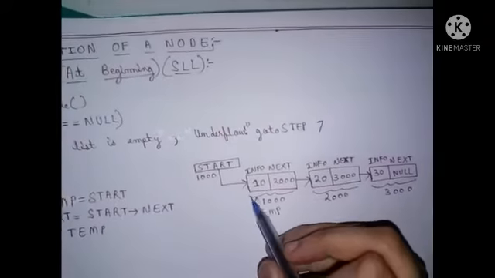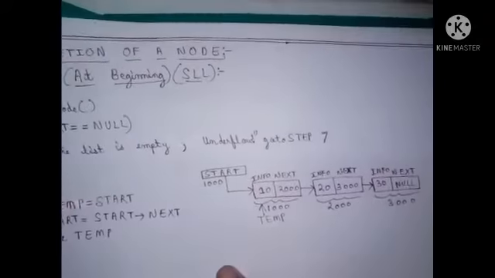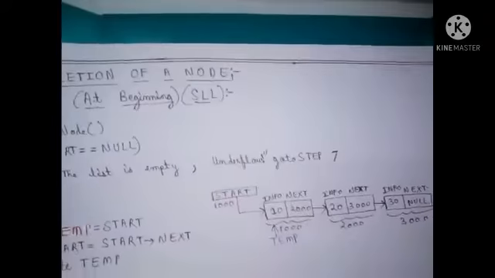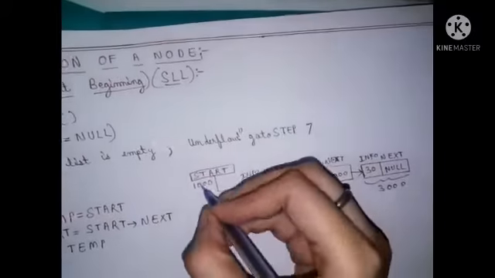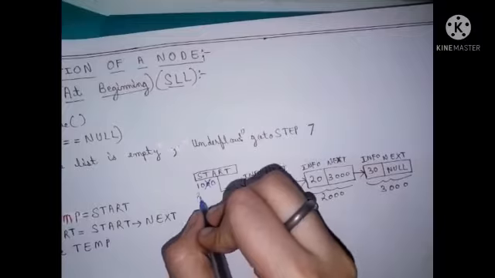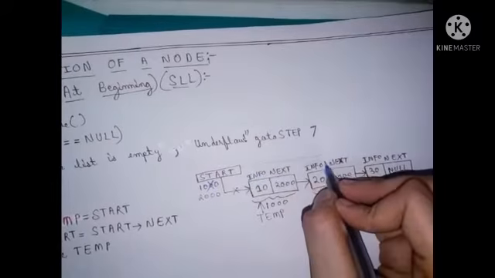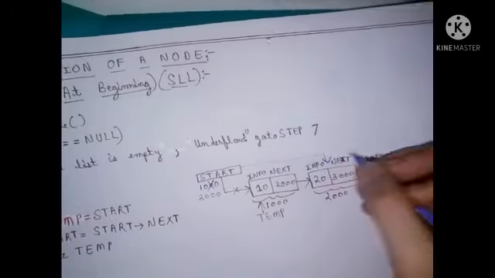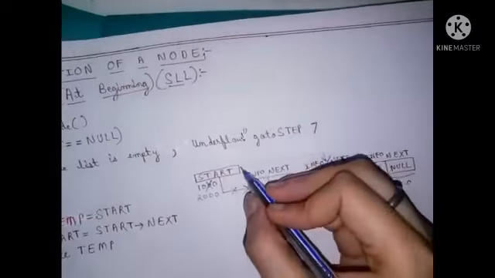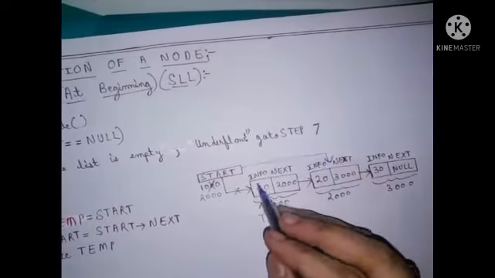Now after this statement, start equal to start next, start will now contain the address 2000 and it will point to the second node. It will no more point to the first node.